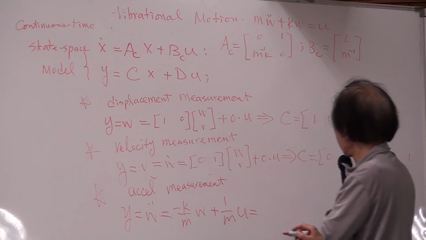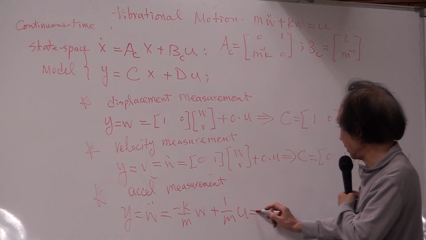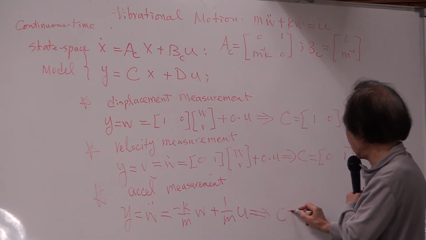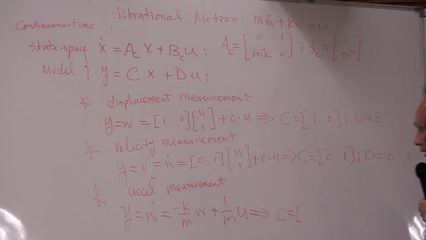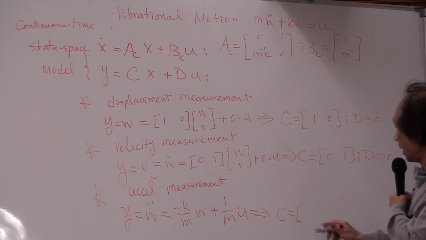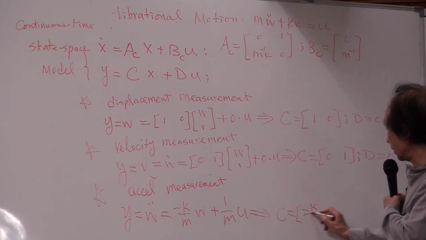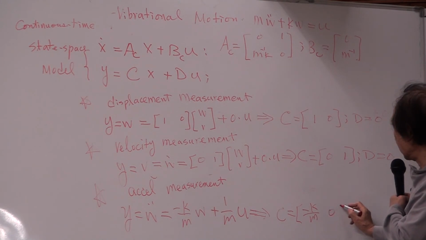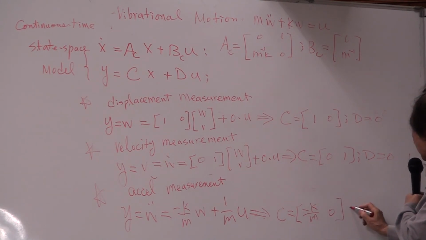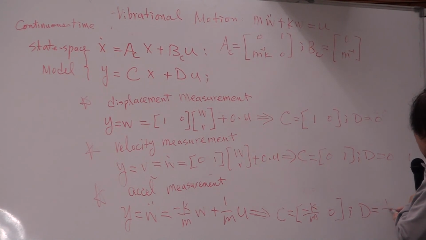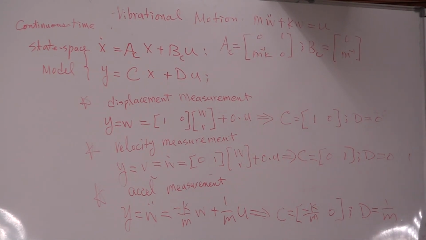That means my C equal to, what is my C now? My C equal to minus k over m, 0. My D equal to 1 over m. Am I right?